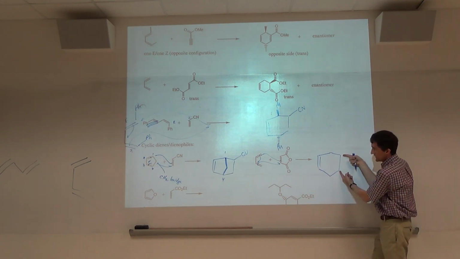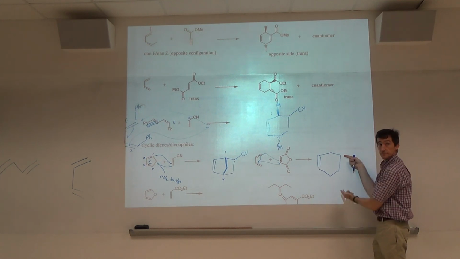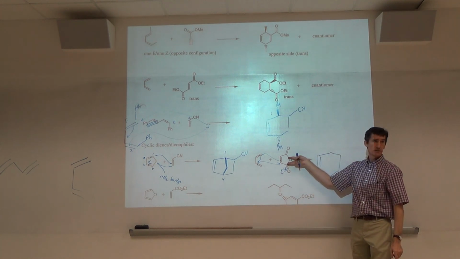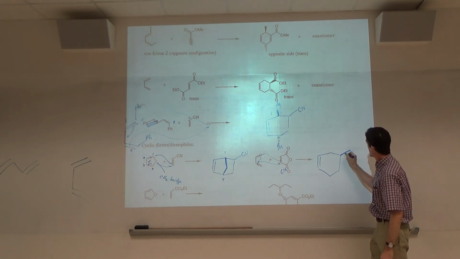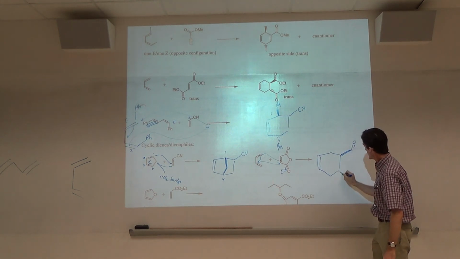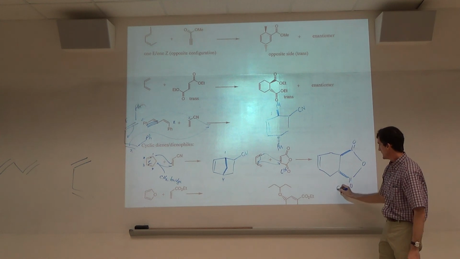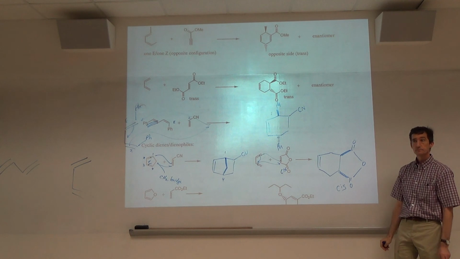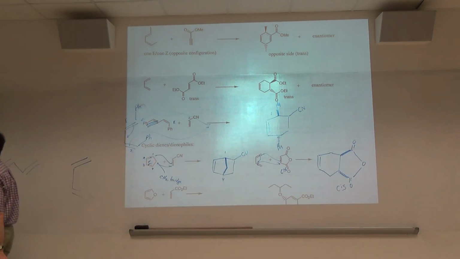Are these bonds to the carbonyls going to be cis or trans? Cis. They have to be cis, it's in a ring. But they are cis, and so they're going to be cis here. These 2 bonds are cis there. Remember, all your stereochemistry is maintained in your Diels-Alder reactions.